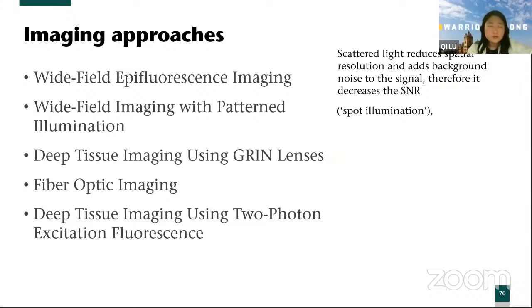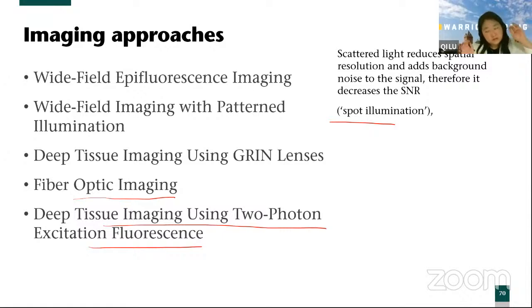For the imaging approaches, there is wide field epifluorescent imaging, where you will have scattered light; wide field with pattern illumination, for example spot illumination; deep tissue imaging using GRIN lens and fiber optic imaging; and deep imaging with two-photon excitation fluorescence. For two-photon excitation, we can use longer wavelengths, and it gives a better signal-to-noise ratio, and for fiber optic imaging, we put all the signals through the optic fibers.